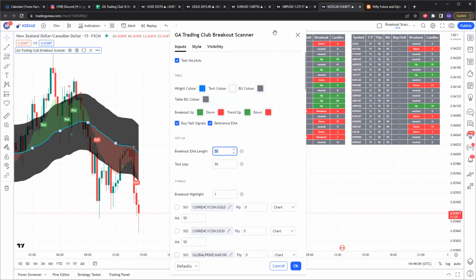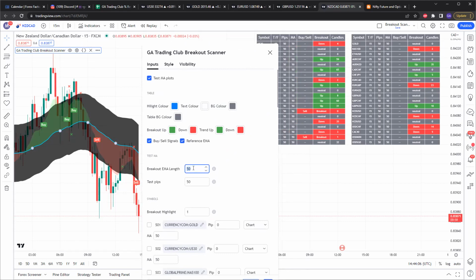Ideally, you don't want to use the 9 EMA, for example. You can still use it, but you want to use a slower moving EMA, because if you get a breakout from a slower moving EMA, based on the way this indicator is configured, the probability of going into profit is higher.